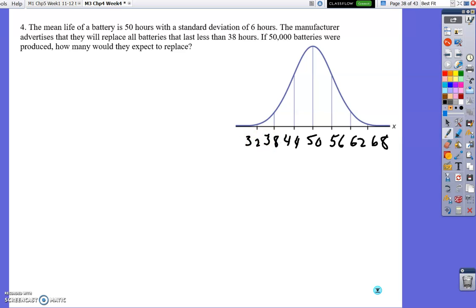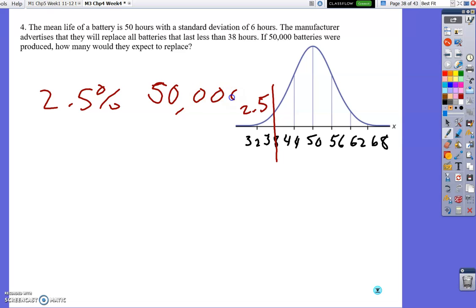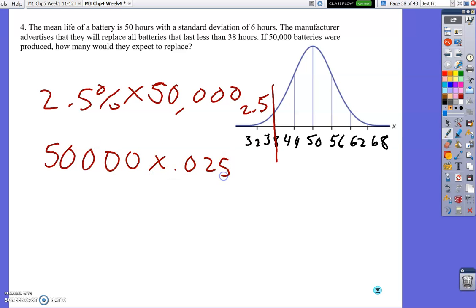And so they're going to replace all batteries that last less than 38 hours, that's right here. These two together make 2.5%. And so 2.5% of 50,000, so that's 50,000 times 0.025.